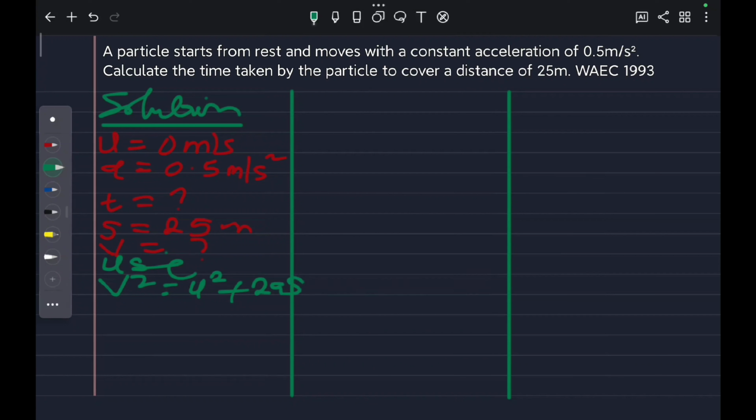Hence, we can use the third equation of motion. V squared is equal to U squared plus 2AS, so that V squared is equal to 0 squared plus 2 into 0.5 into 25, so that our V squared will equal 25.